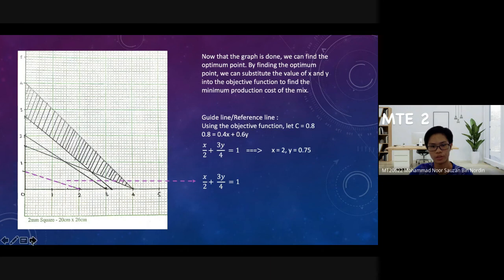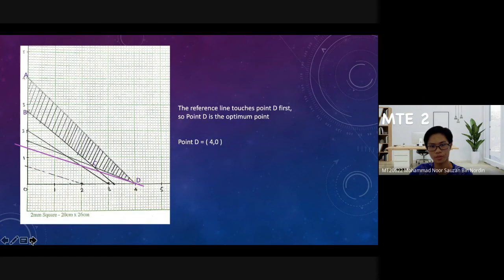So with the reference line, before we use it, we must mark all of the corners of the feasible region, just like this, A, B, C, and D. And from there, we can use the guideline or reference line and go up until it touches the first point from the 4 corners.